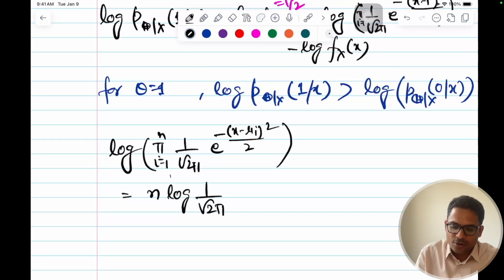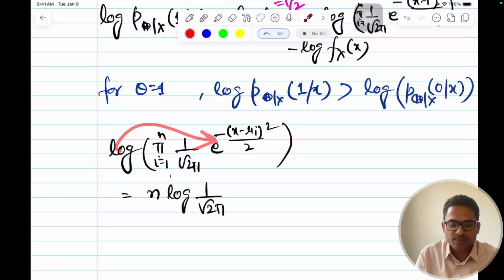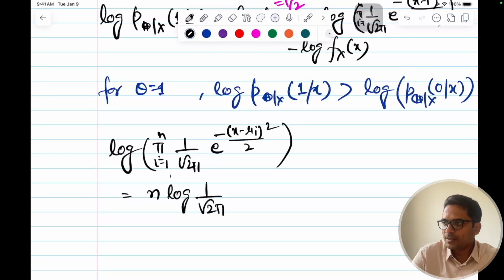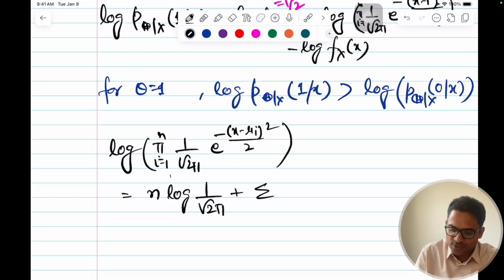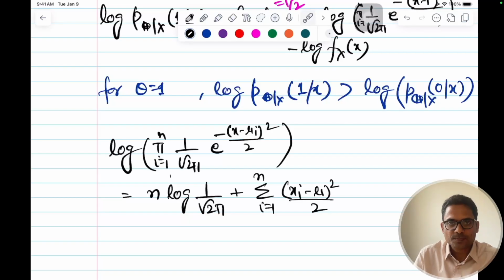Then log and exponential will cancel each other, and this whole product will become a summation, the second part: sum over i equal to 1 to n of (xi minus mu) whole square by 2. I hope this is clear.